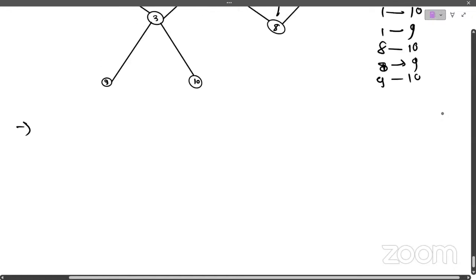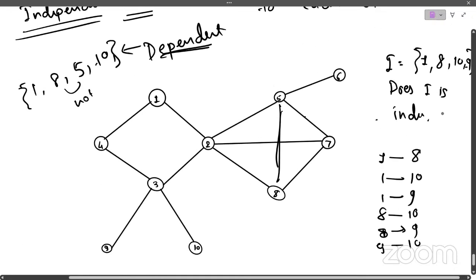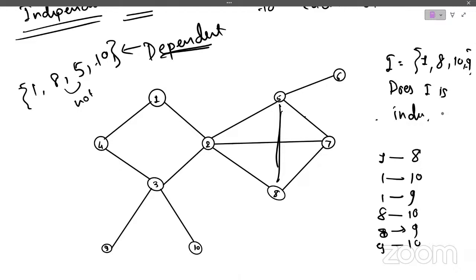If in the set even one edge exists, then we will consider it as dependent. I mean at least one, I can say that at least two vertices are adjacent to each other, so there is one edge between two vertices.